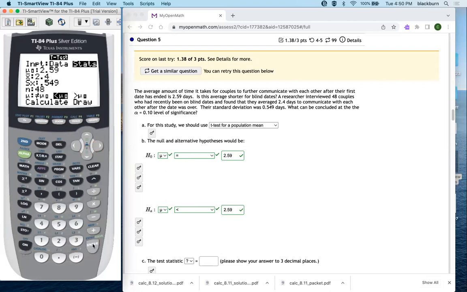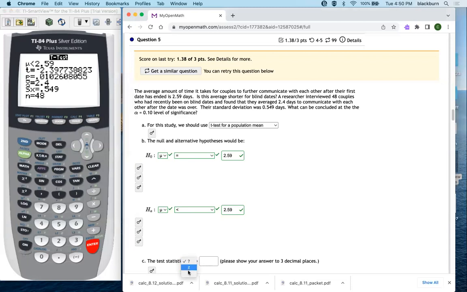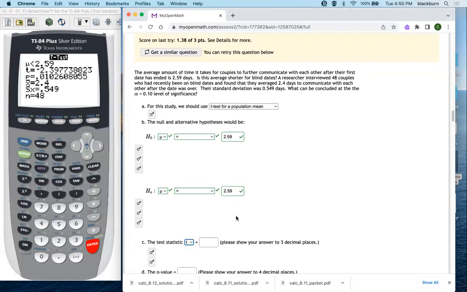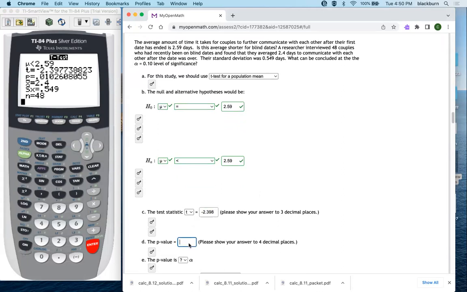Then I'm going to calculate, and we get a t statistic of negative 2.398. And then the p-value is 0.0103, it looks like.